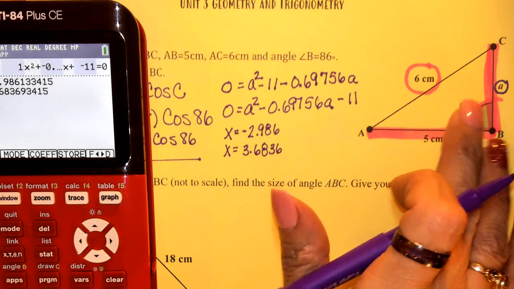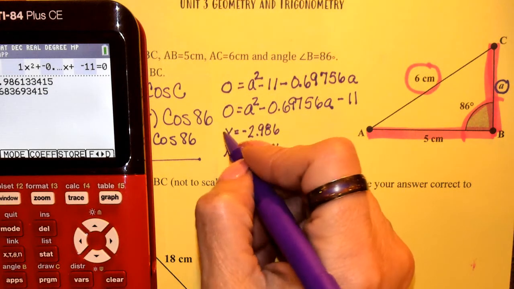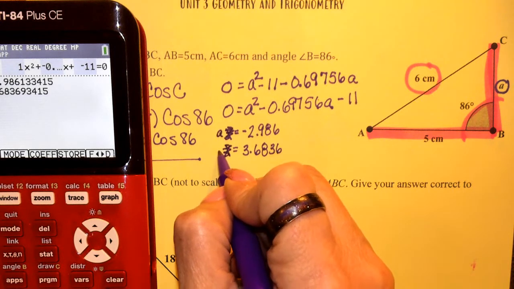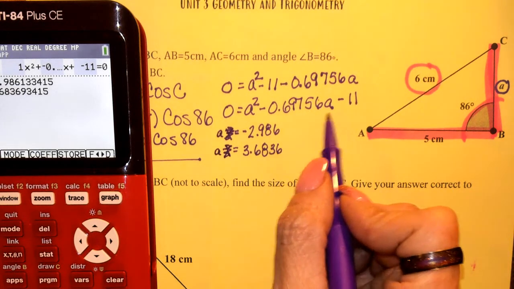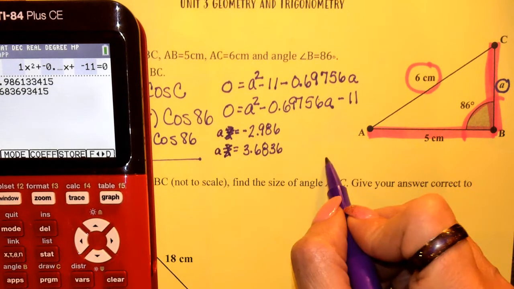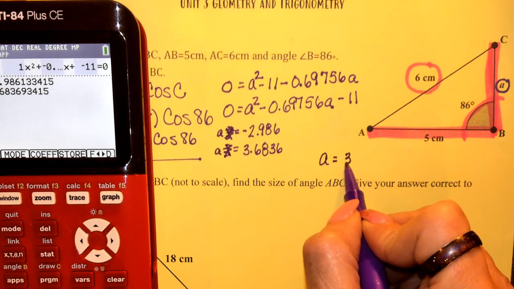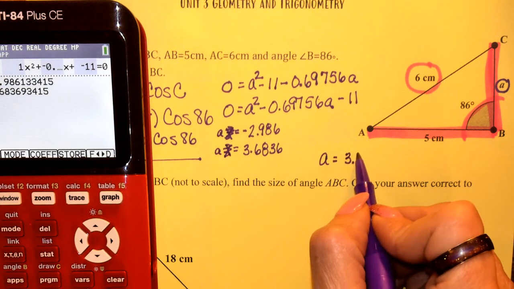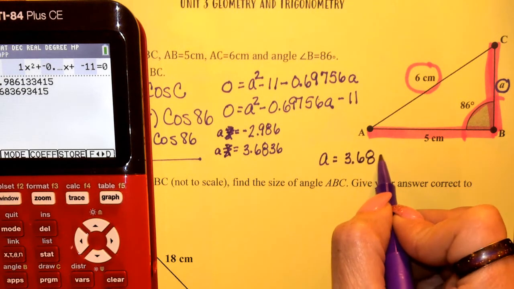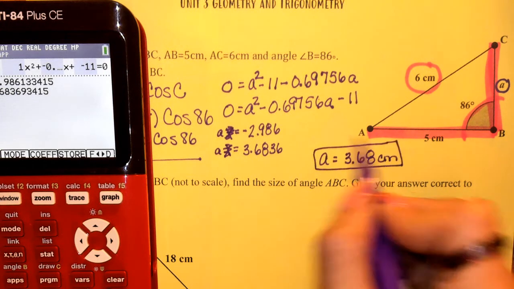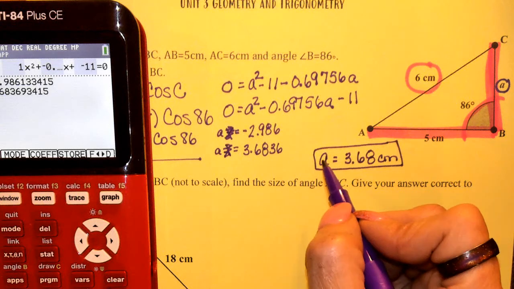I put x, didn't I? You should have put a. I'm just going to mark those off and put a, because we were finding a. The side of a triangle can't be negative. So the only option is this one right here. So that means that A equals 3 sig figs, 3.68, and it is centimeters. The side can't be negative, so we don't use the negative 2.986.